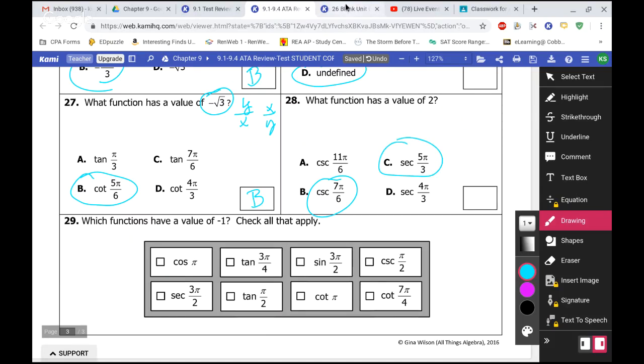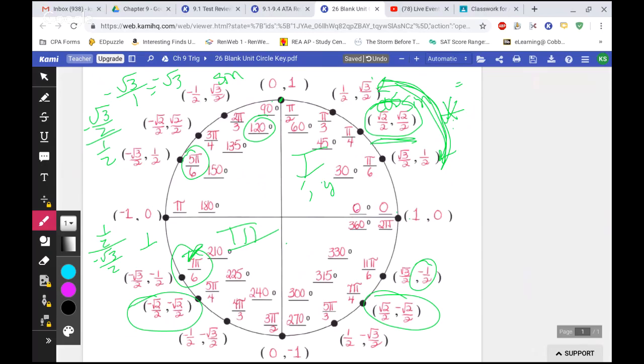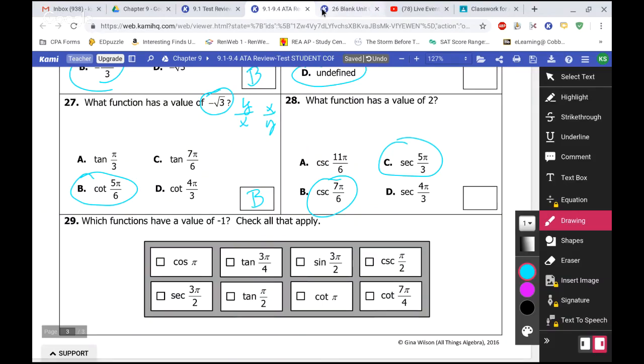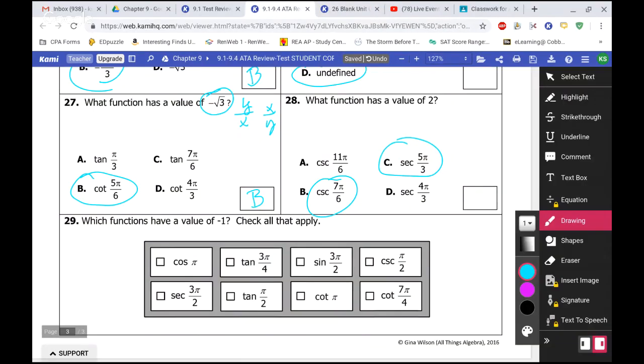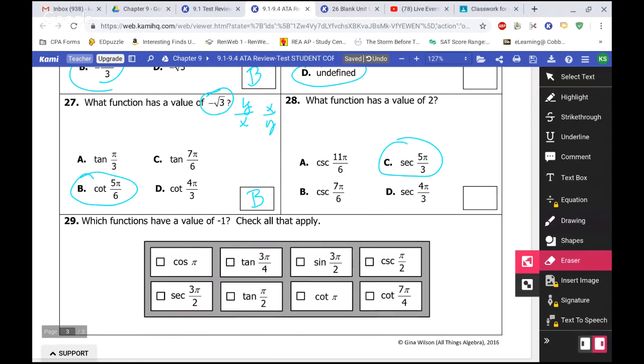Where is she? 5 pi over 3 is down here, and it is secant, so that is 1 over cosine. So that's x. And so I take the inverse of 1/2, which is 2. So there's my answer. Okay. It's C. So you're just kind of using that unit circle to help you out.